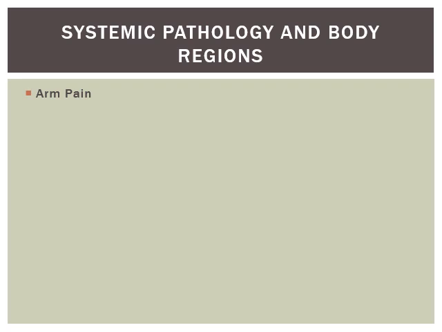So, systemic pathology and body regions. Different areas of pain that we could be looking at can start to give you an idea as far as what could be going wrong with the individual.